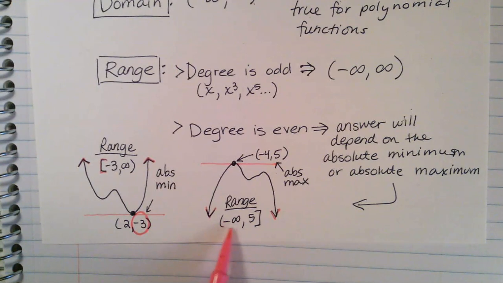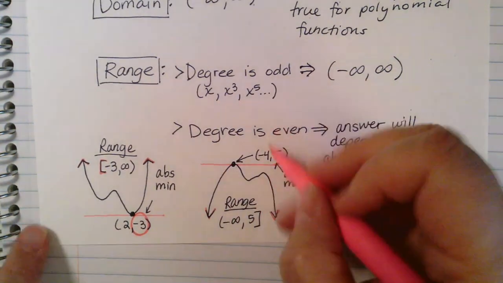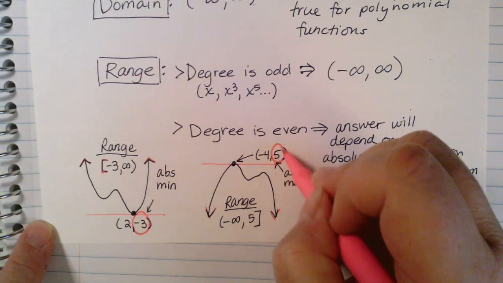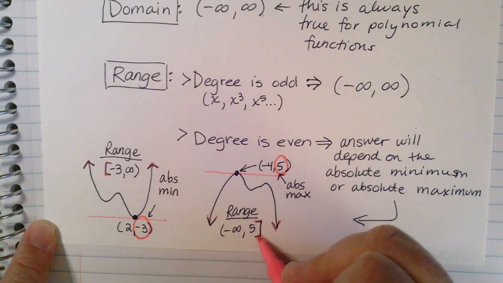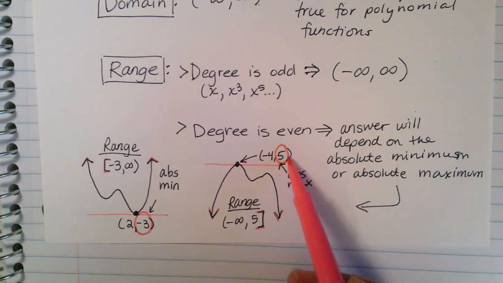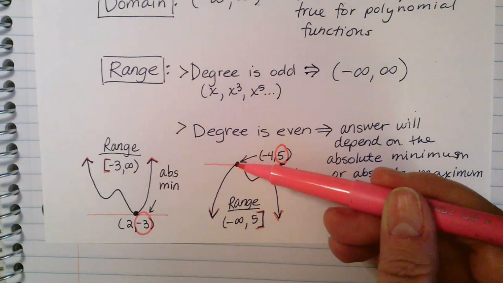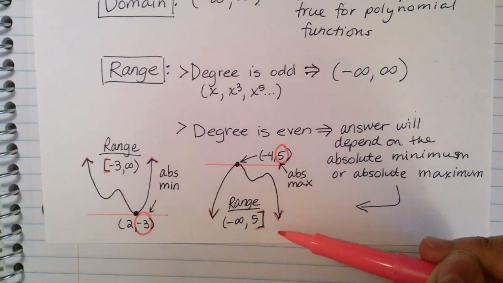So there is no smallest y. It's from negative infinity, going up to the largest y value, which is right here. It's that 5. And again, it's a bracket because 5 is included. We have a point that has a y value of 5. So it can get up as high as 5, but it's never going to go any higher than that because it turns around and starts coming back down after that.